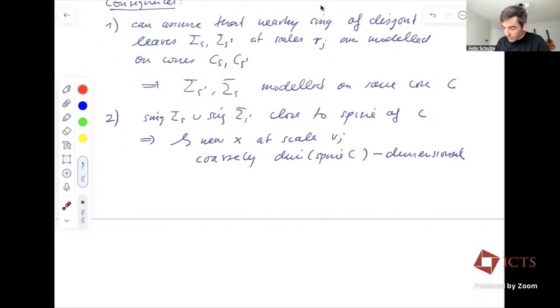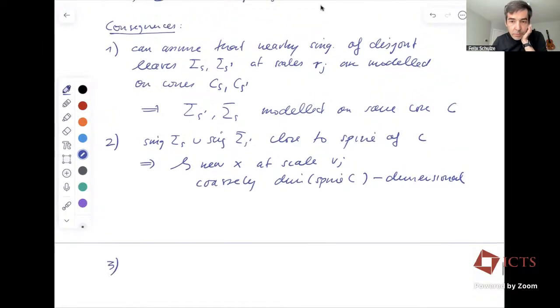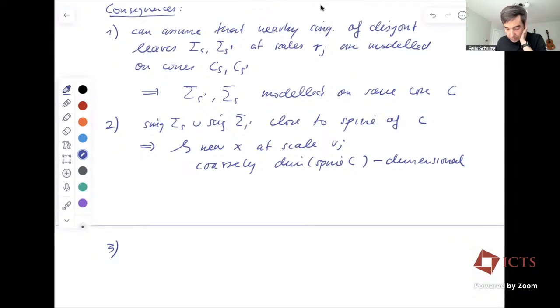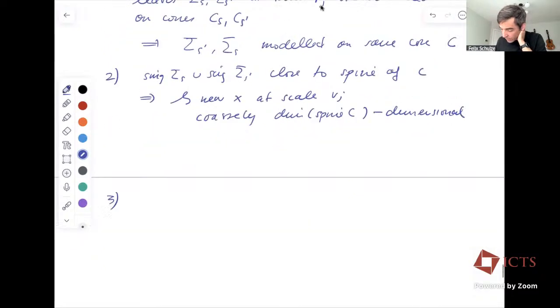Now, okay, here's a third point. Any questions regarding these first two points? I know this is a bit more hand-wavy now. I have to be a bit quicker, but this is sort of the idea. Now, let's look at the following thing.